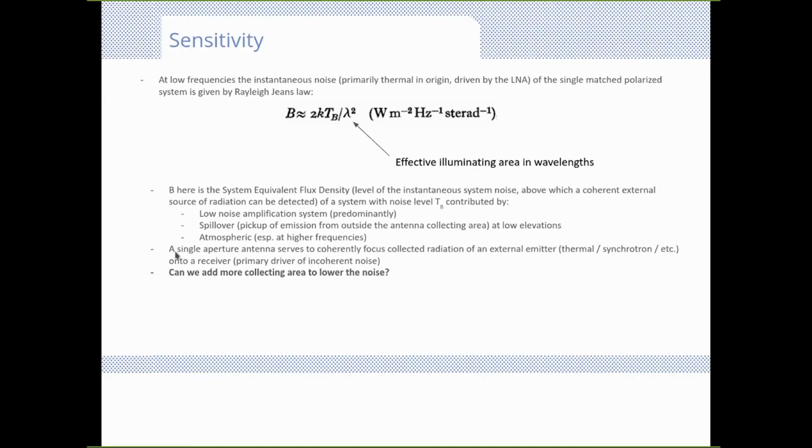Now, a single aperture antenna serves to coherently focus the collected radiation onto a single point, at which we place the receiver. I think Justin already showed a very nice schematic of how rays are reflected through the primary mirror of MeerKAT, first onto the secondary, and then onto the waveguide of the receiver.